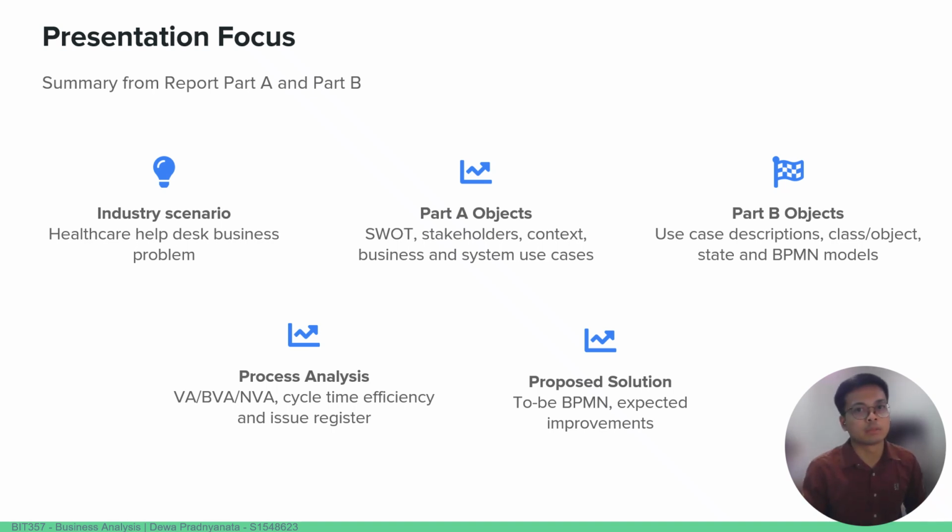After that, I will move to Part B, where I discuss the use case descriptions, class and object diagrams, BPMN, the cycle time efficiency, issue register, and proposed change BPMN model.